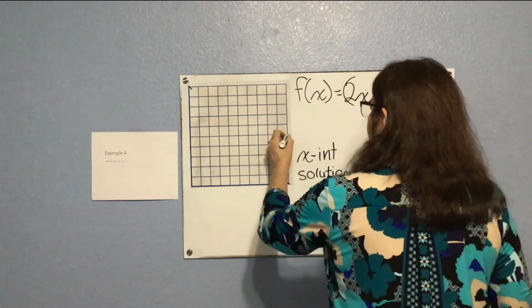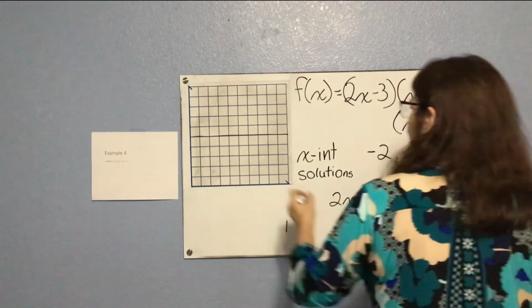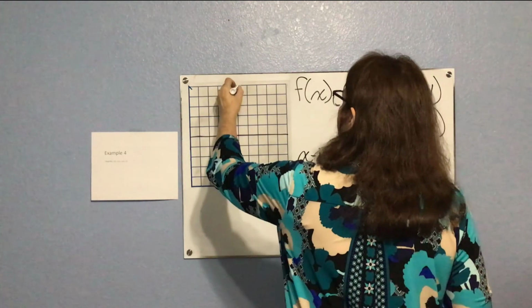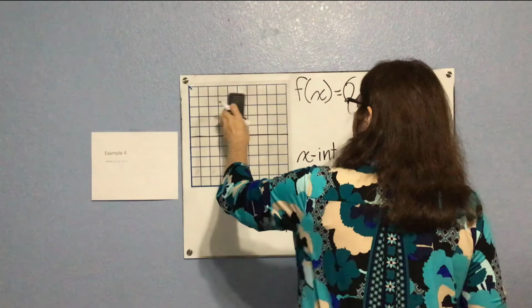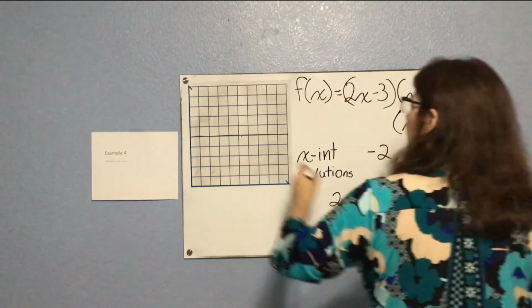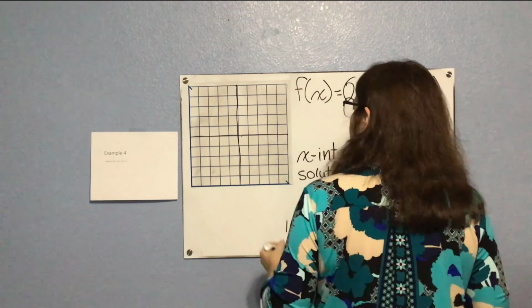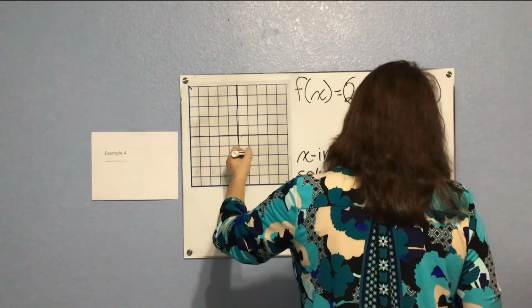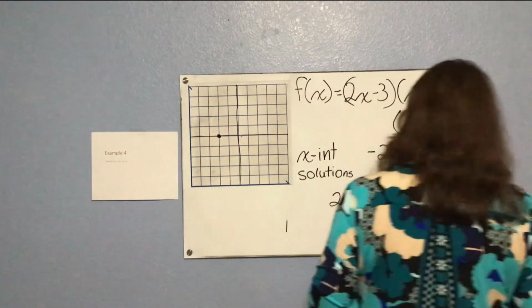So let's plot these. Okay, I've got one at -2. And these are all pretty small numbers, so I'll just use 1 unit per block. So I've got an x-intercept there.